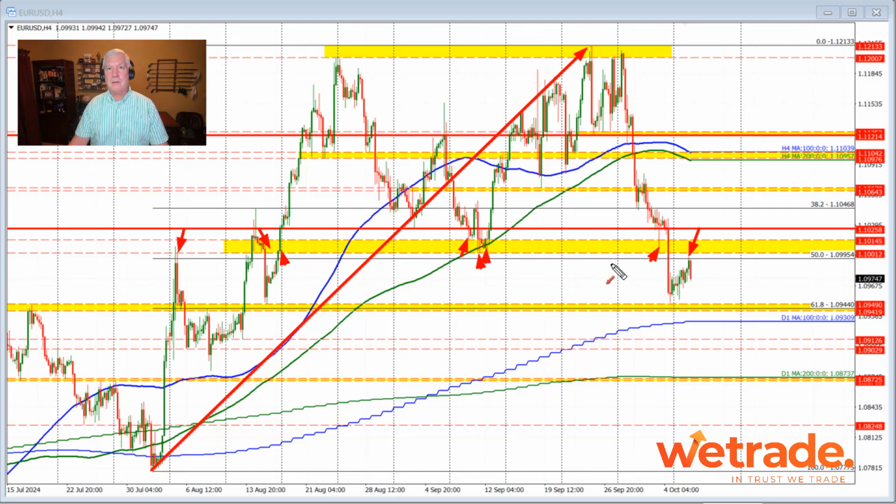So technical sellers were leaning against the area after breaking below this floor in trading on Friday. Sellers kept more in control, and as you can see, we're trading down nearer the lows for the day at 1.09747, about 25 pips off the high price.